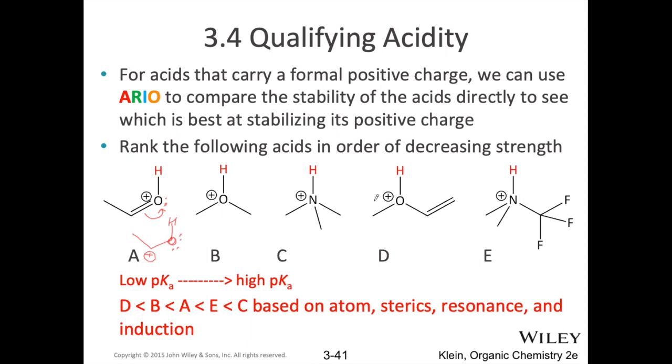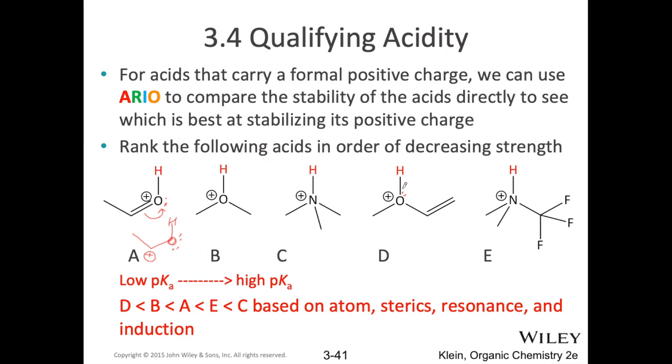Now, if we look at D, on the other hand, again, this oxygen must have a lone pair on it, because that way it would have 2, 4, 6, 8 electrons around it. It needs a lone pair to meet the octet rule.